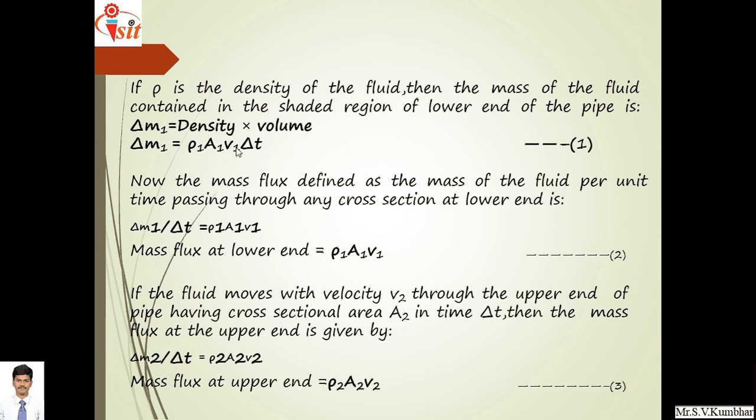Now the mass flux is defined as the mass of fluid per unit time passing through any cross section at the lower end, that is Δm1 upon Δt is equal to ρ1 A1 v1, and the mass flux at the lower end is nothing but ρ1 A1 v1. Similarly you can get the mass flux at the upper end as ρ2 A2 v2.